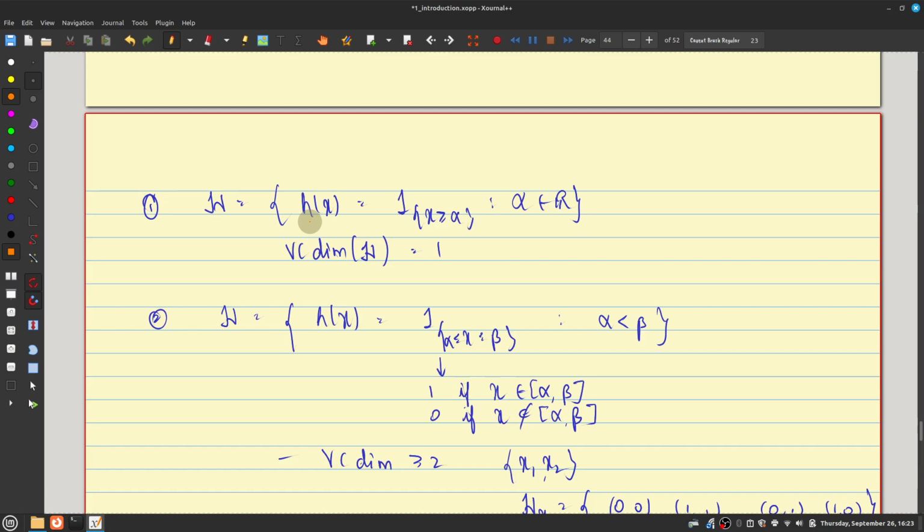And we are saying that there exists one set X. In which case, can you find a set of size 2 which is shattered by H?